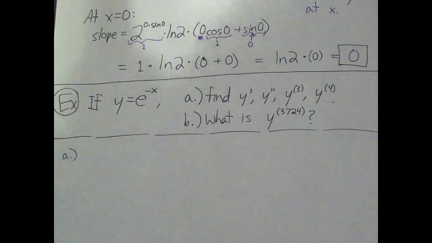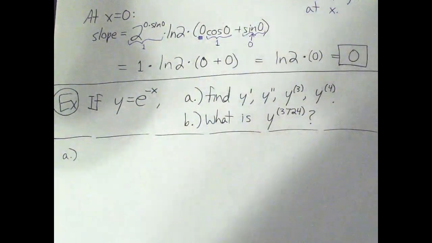So yes, I'm going to use the chain rule. The other way that I think you could do this is you could say e to the negative x is 1 over e to the x, and then you'd have to use the quotient rule, because you'd have 1 up top and e to the x on the bottom. So technically you could do this with the quotient rule. I'm going to use the chain rule.